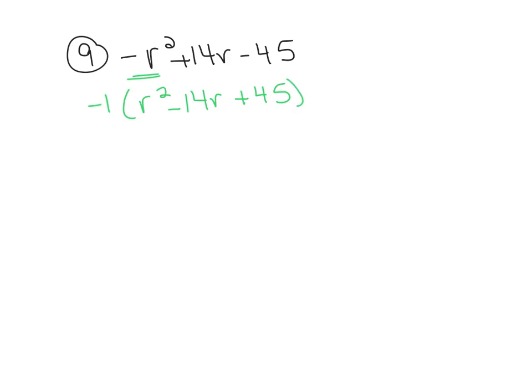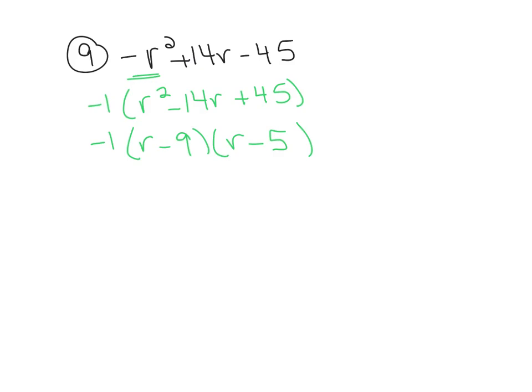Then go through and factor. Take out the negative 1, r. Anybody have it already? Should be minus 9, minus 5. 9 and 5 give you 45, and 9 and 5 when you add give you negative 14.